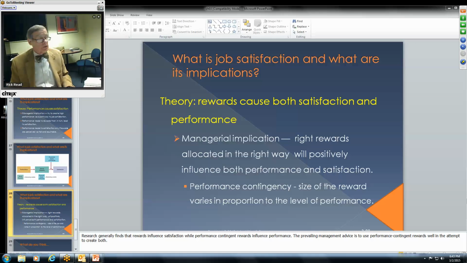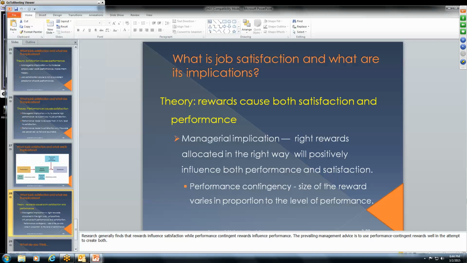It talks about maybe the size of the reward. I think we have a lot of problems with that, and Herzberg would not agree with this. So we'll get a chance to see what Herzberg says next week when we get to the first of our theories on motivation.